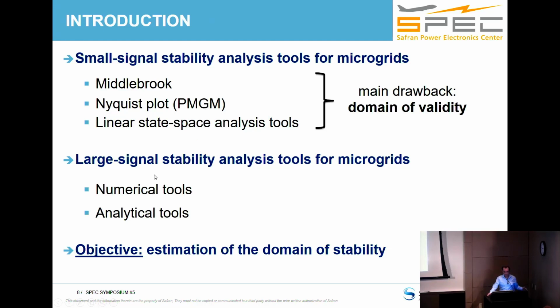And mainly we can speak about two families, numerical tools and analytical tools, to get some idea about the domain of validity, or domain of stability, or domain of attraction, different names people gave to these techniques. The objective of these techniques is to estimate or to determine the domain of stability of the system.